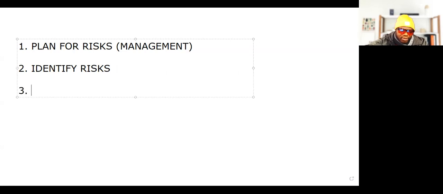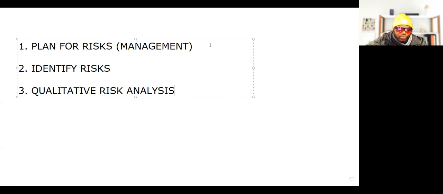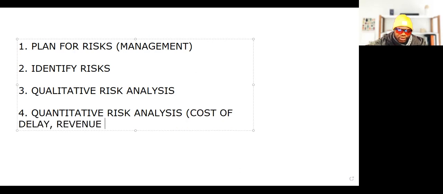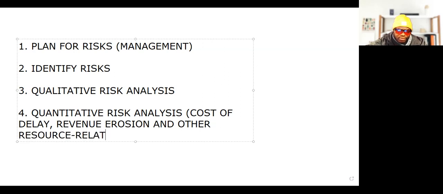Thirdly, do a very quick qualitative risk analysis. Fourthly, do some sort of quantitative risk analysis. And here, I want you to be thinking about things like the cost of delay, revenue erosion, and other resource-related risks.